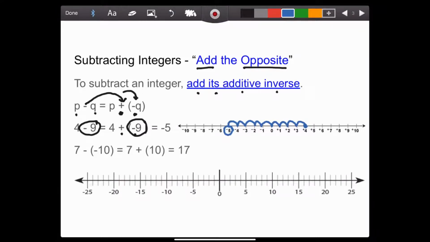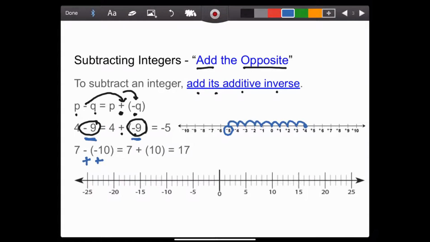So when I'm adding a negative 9, and subtracting 9, it's the same thing. If I'm subtracting a negative, I'm going to change it to adding, and the opposite of negative 10 is a positive. So really, this problem is just 7 plus 10, which is 17.